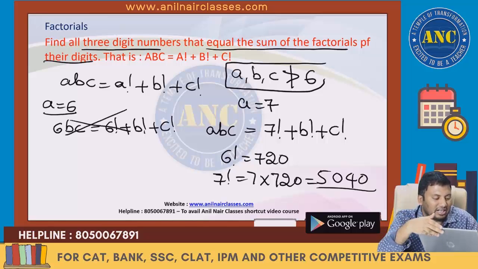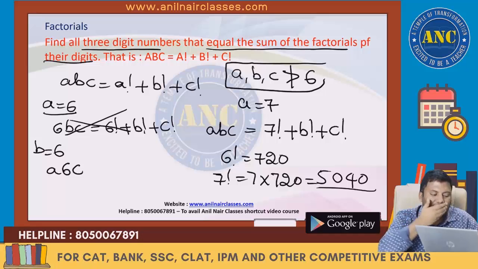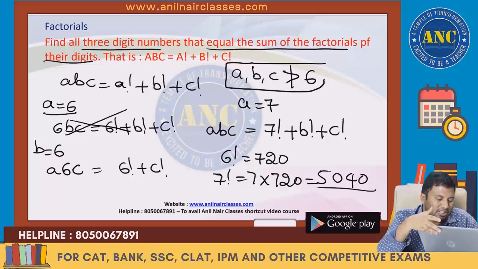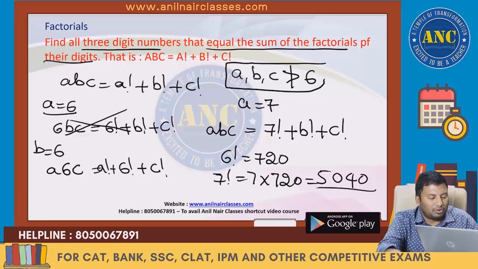It is 600. It is not possible. If B is 6, this will become A6C, again 6 factorial plus C factorial plus A factorial. A cannot take more than 6 factorial, which is 720. I hope it is clear.